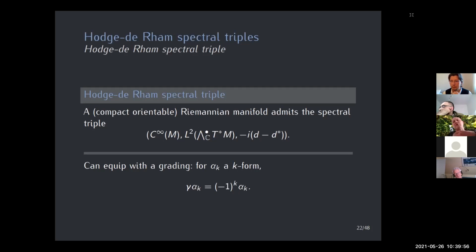Can you deform all these considerations along these one parameter deformations? I really don't know, actually. It's the first time that thought has even come to mind. But it's an interesting question. Okay, thank you.